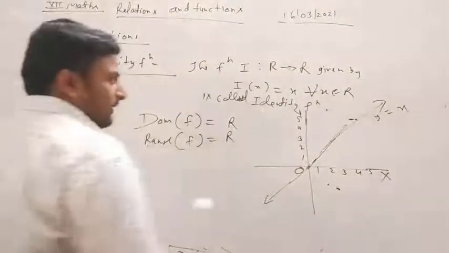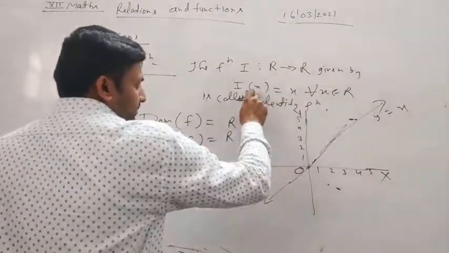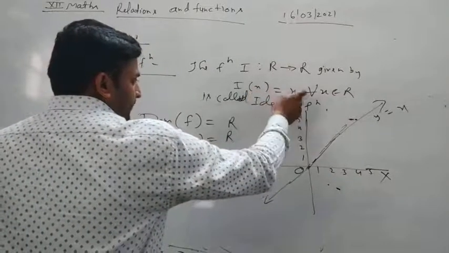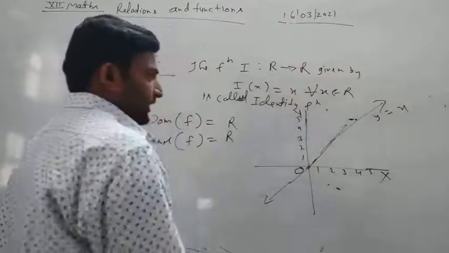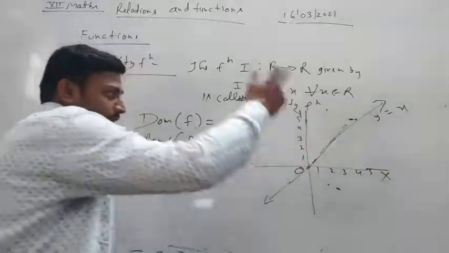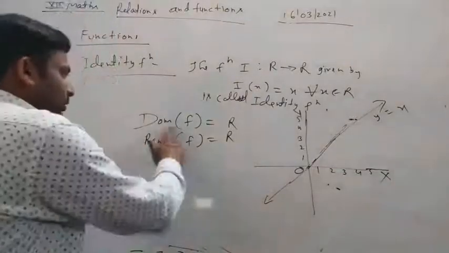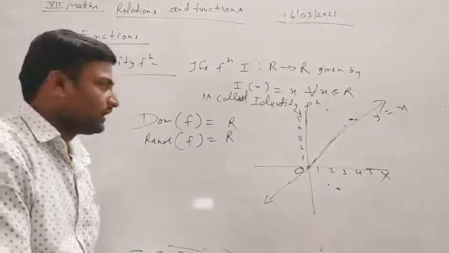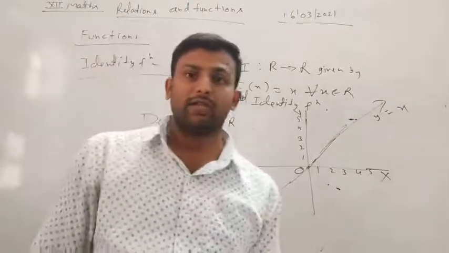If we take 1, we get 1. If we take 2, we get 2. If we put 3, we get 3, and so on. If we take negative values, minus 1 gives minus 1, minus 2 gives minus 2. So its graph passes through the origin, and its domain and range are both the set of real numbers. I hope you understand what the identity function is, students.